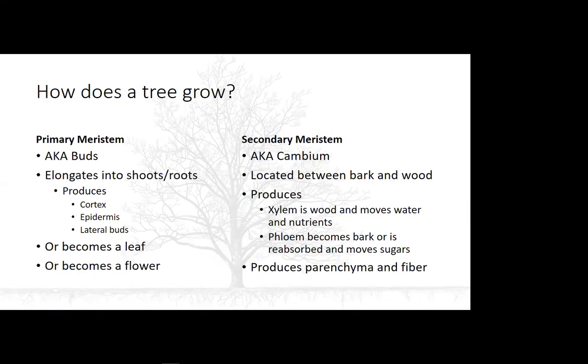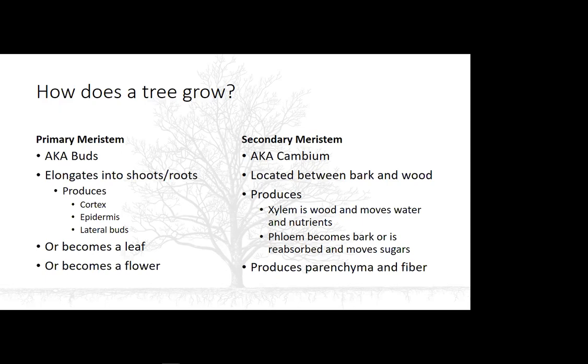Now, where the woody plants, the woody dicots and the conifers and the ginkgos differ from the herbaceous plants and the monocots is they have secondary cambium or secondary meristem, which is called the cambium. This is the tissue that's located between the bark and the wood that I pointed out on the micrograph.